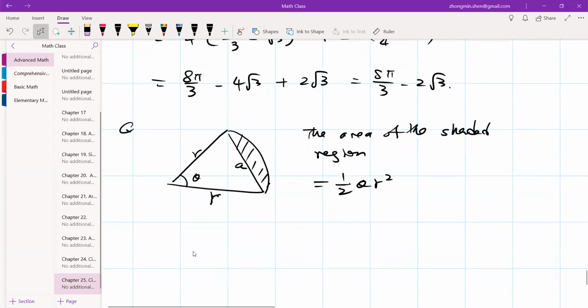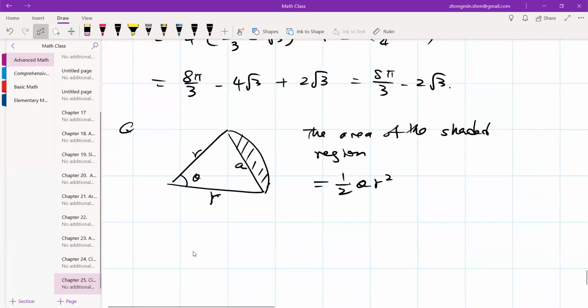Of course, theta also determines the size of A. I'm not going to cover that, because you have to study it in high school, called the cosine law, okay? If you have R and theta, you can determine A. But usually you are given A, and theta and A can be determined from each other, okay? But I just gave you the A.